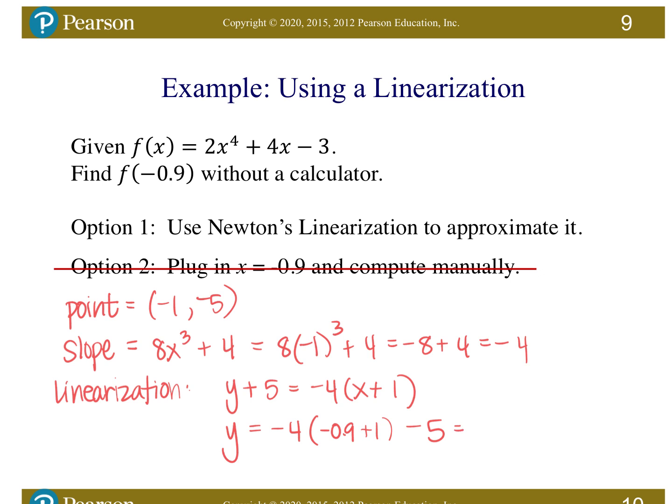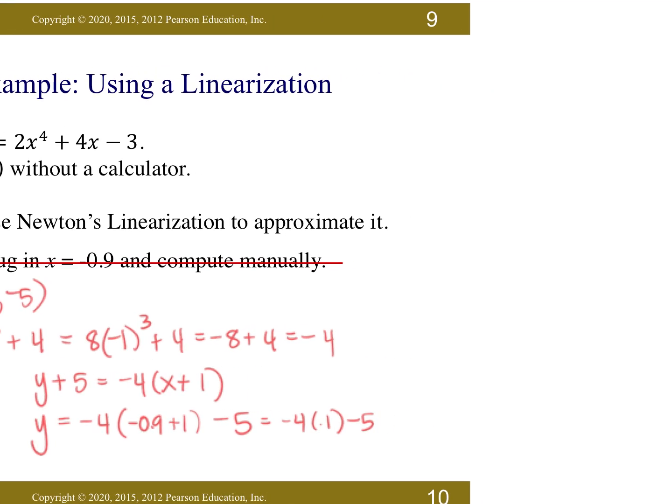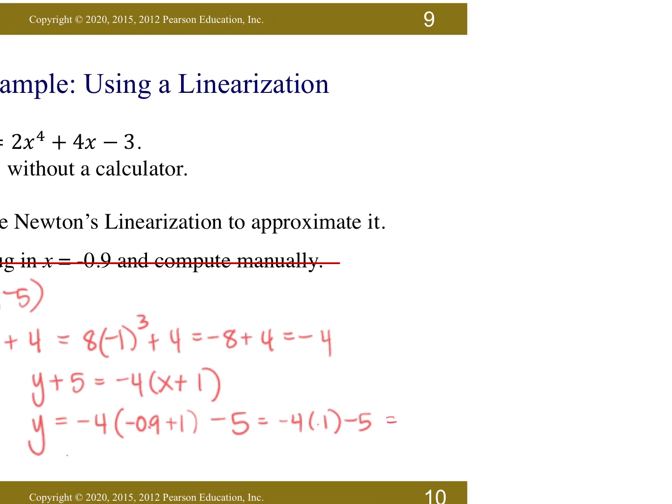What's negative 0.9 plus 1? Positive 0.1. And what's positive 0.1 times negative 4? Negative 0.4 plus 5, which is negative 4.6.